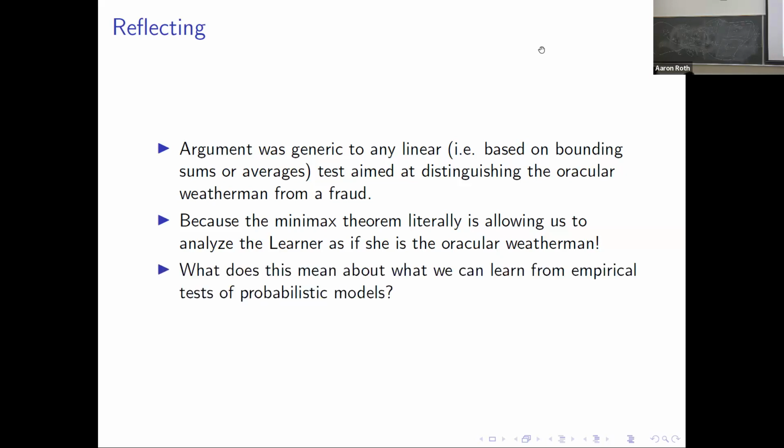And so this might lead you to reflect on what we can actually learn from empirical tests of probabilistic models. If we're predicting probabilities of things that are repeatable, like the bias of a coin, we can tell if those are right or wrong. We can flip the coin a bunch of times and see if it matches the probability.